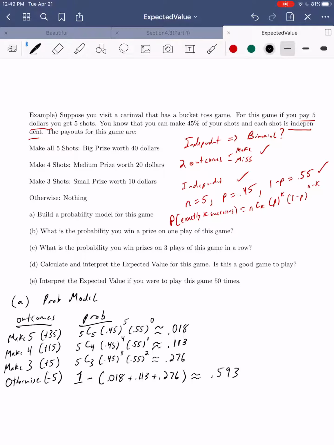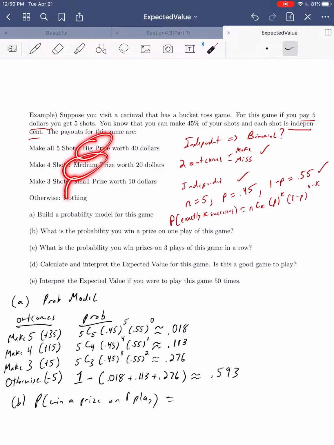All right, before we do that, though, we have a couple questions about the probability, so let's go ahead and do that. We want to do the probability that you win a prize on one play. So maybe you only have time to go play this game once. What's the chance that you walk away with a prize? Well, notice we're saying win a prize, so it doesn't matter if it's big, medium, or small.